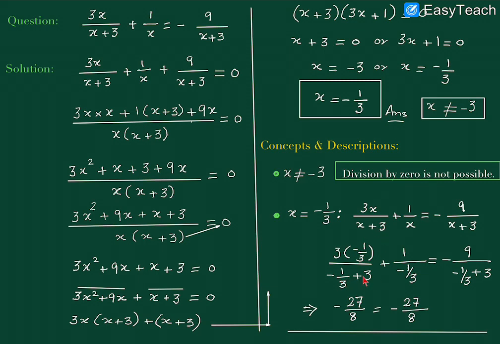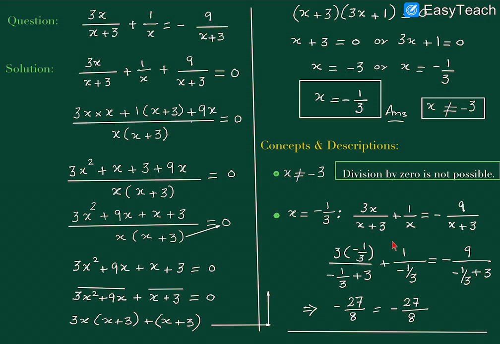I have written here. Then plus 1 upon the value of this x, negative 1 upon 3, I have put here, is equal to negative 9 here, and then x will be replaced by the value of x, which is negative 1 upon 3 plus 3.